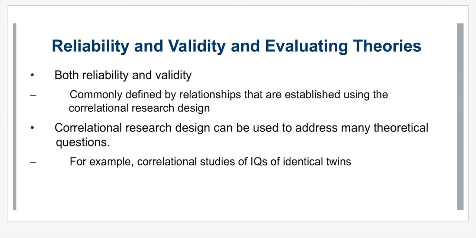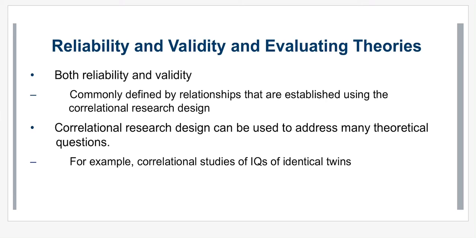And so the reliability and validity of a measurement or tool is often established by using correlations. The example your book gives is test-retest reliability. If you remember from chapter 3, if you're trying to test the reliability of a test or instrument, you would administer it, and later administer it again, and compare the scores.